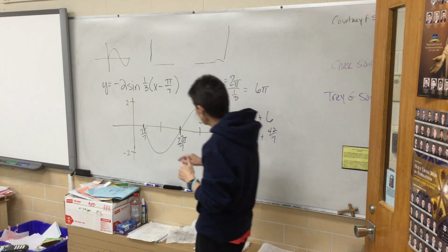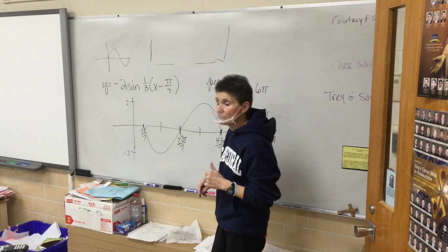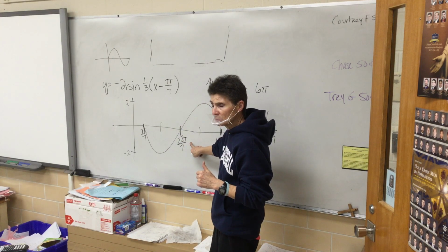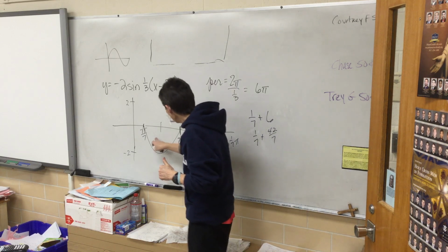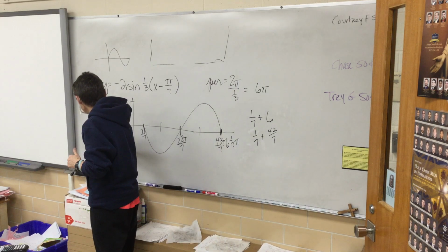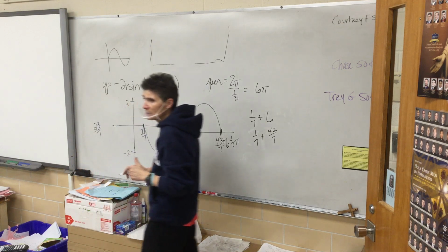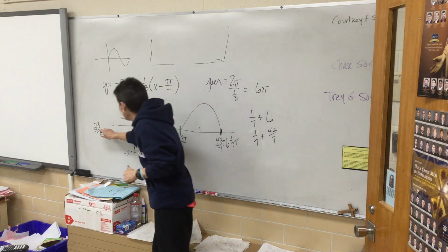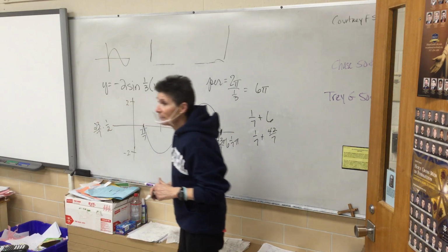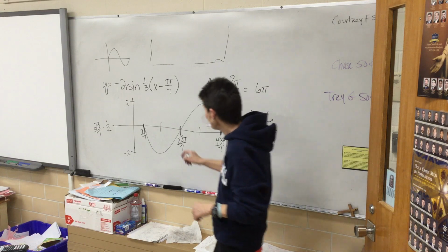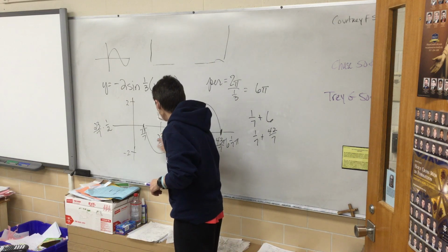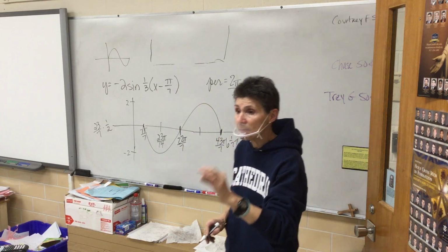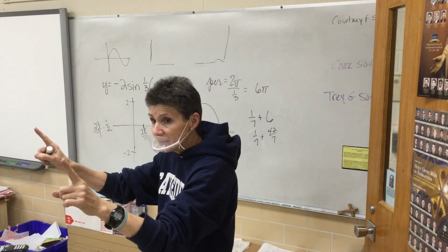So now I need to find the middle value here. Well, that's 1 and 22. So when I add those, I get 23 sevenths. Well, I can't cut 23 in half evenly, so instead of dividing by 2, I'm going to multiply it by a half, and this is 23 pi over 14. When you find the midpoint, you add them and divide by 2.